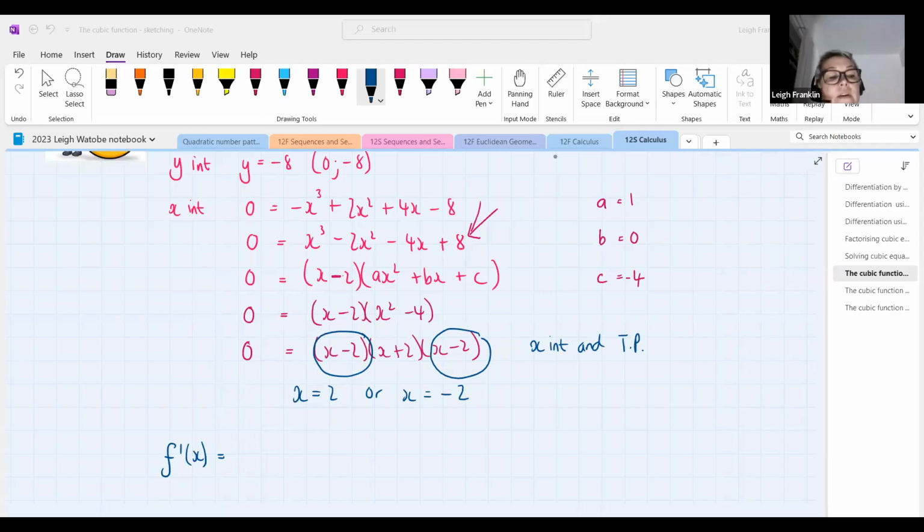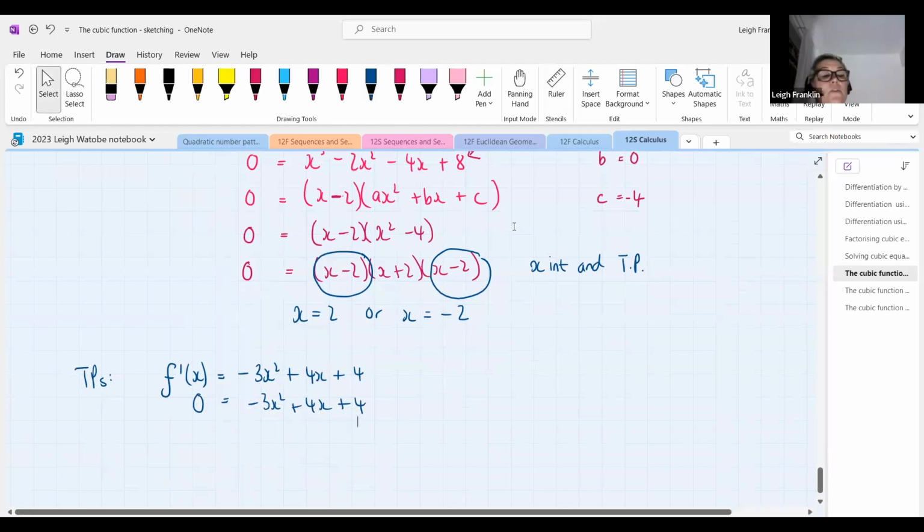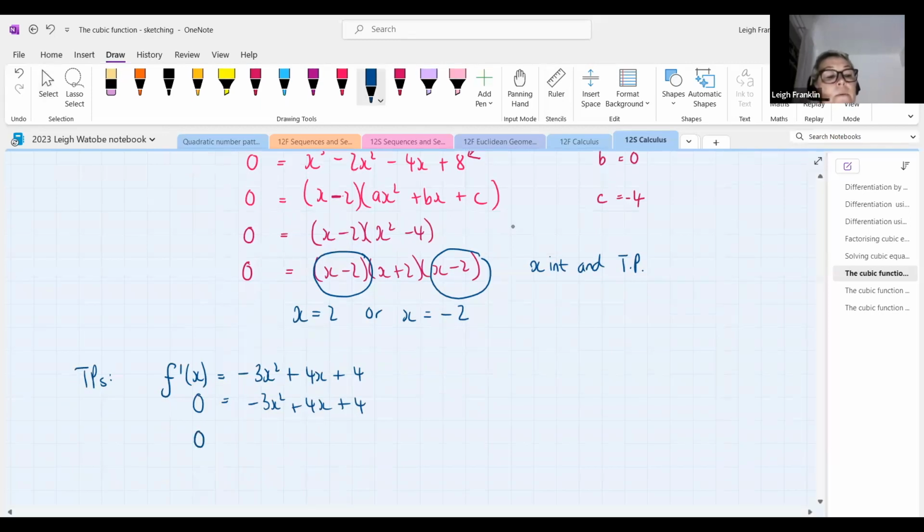That's going to give us negative 3x squared plus 4x plus 4. Make it equal to 0. Divide by negative 1 just to make life easier for you when you factorize.